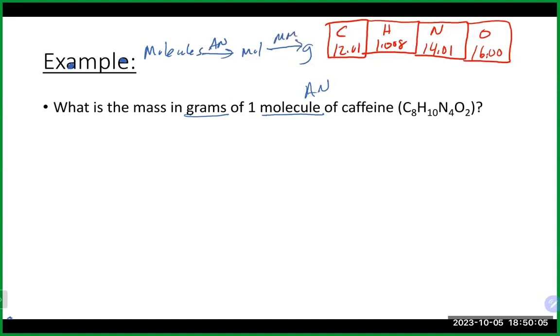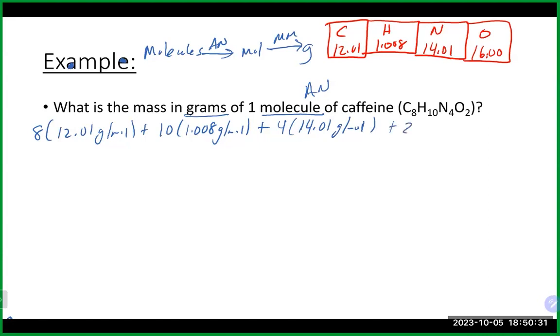So since we do need the molar mass at some point in this calculation, I'm going to calculate it up front here. So just going to add up all the parts here. So that's going to be 8 times our carbon's molar mass from the periodic table, plus 10 times our hydrogen's molar mass from the periodic table, plus we got there 4 times our nitrogen's molar mass.